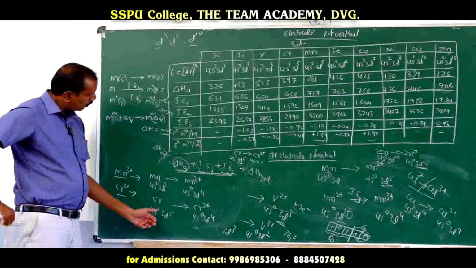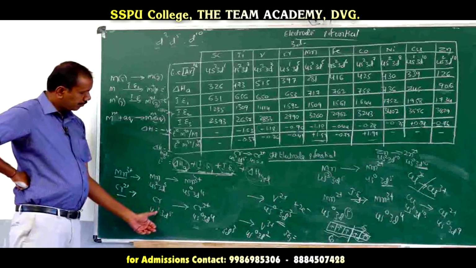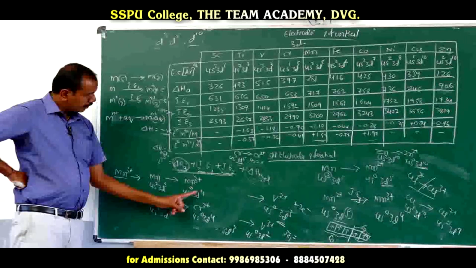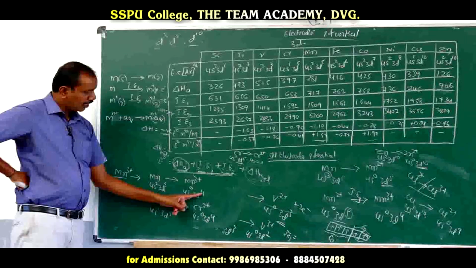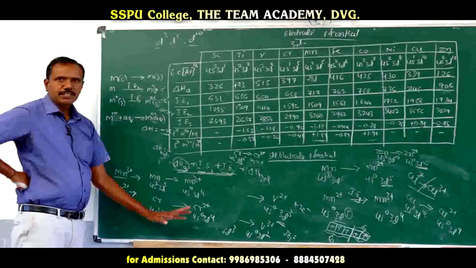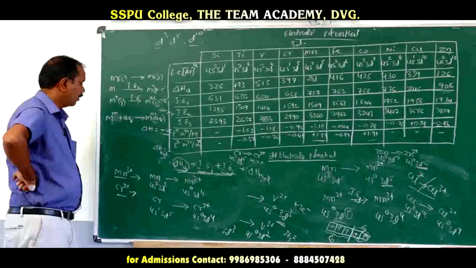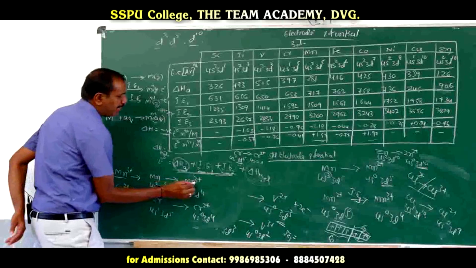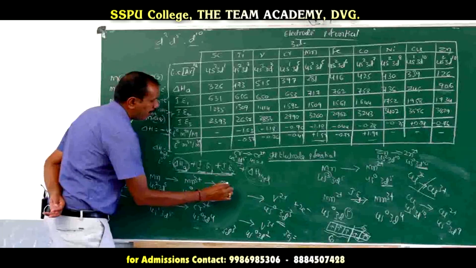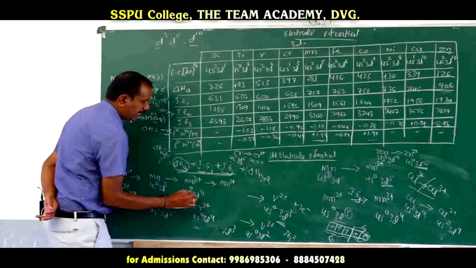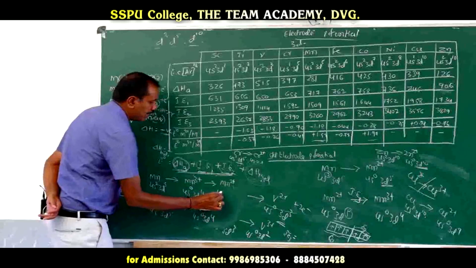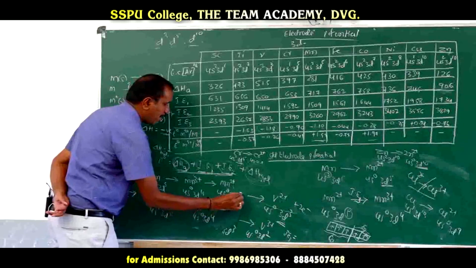So here, either these two should be d3 configuration or d5, then the element should be more stable. We know that compared to Mn3+, Mn2+ is more stable, with configuration 4s0 3d5.